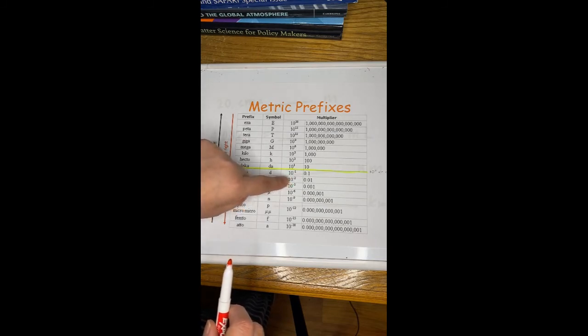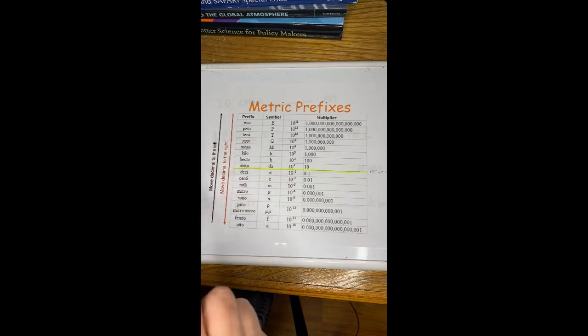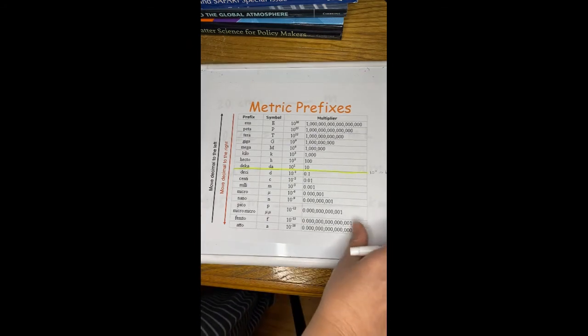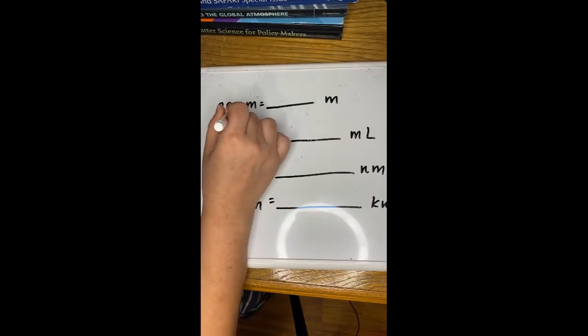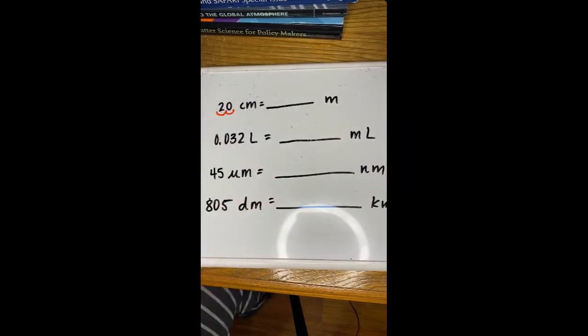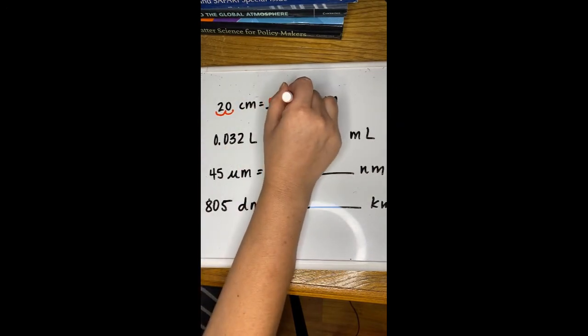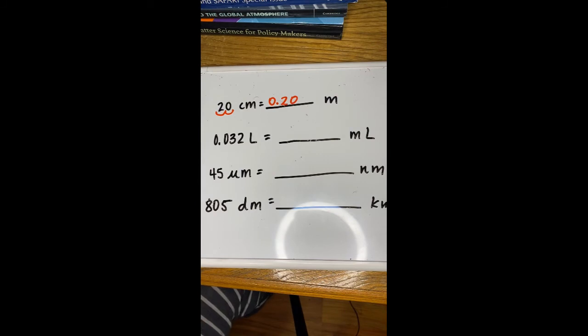We're going from 10 to the minus 2 to our base, which is 0. We're moving 2 spaces, and because we're going up the ladder, we're going to move the decimal to the left 2 spaces. So we're going to have 0.20 meters, or 0.2 meters.